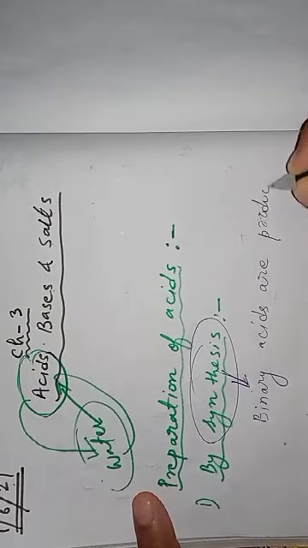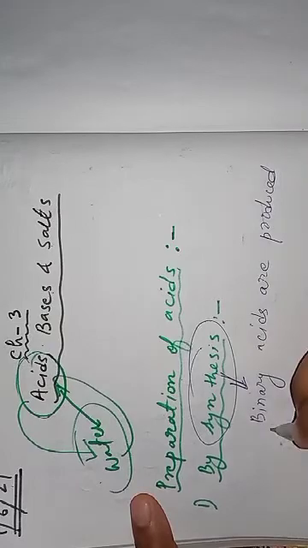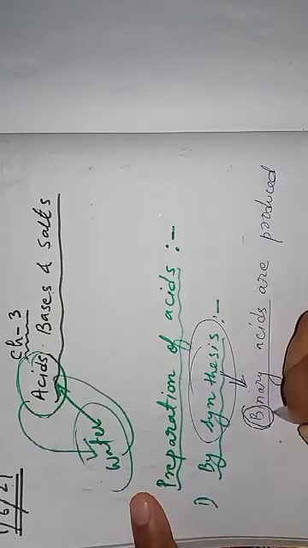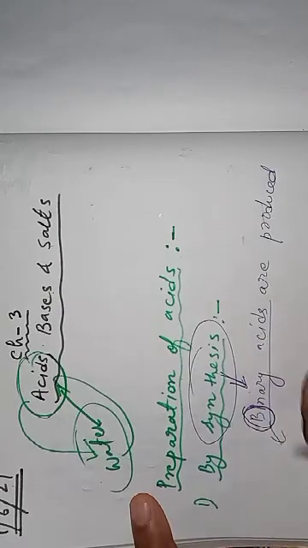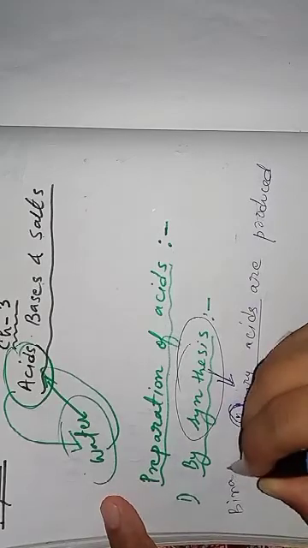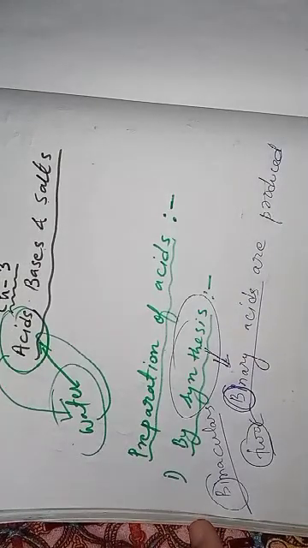What do you mean by binary? Wherever you find this prefix bi, it means two, as you have seen in binoculars. So bi means two, and binary acids means acids containing two elements.